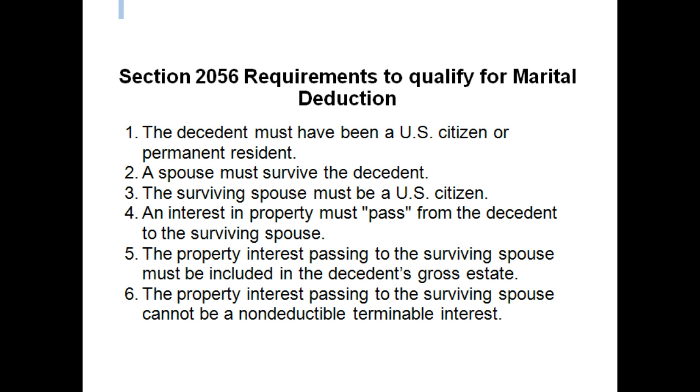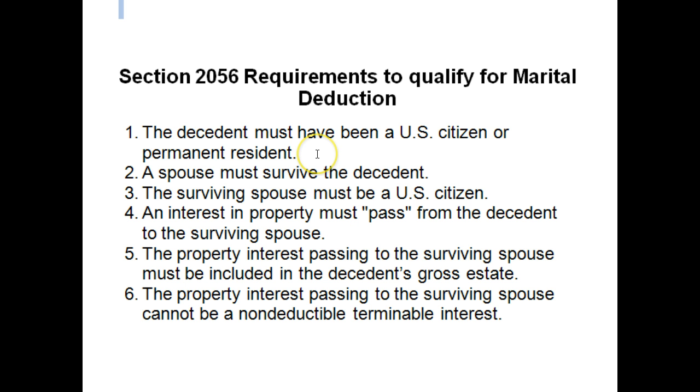So, qualifying for marital deductions: in order to qualify for the estate tax marital deduction relating to transfers to the spouse, Section 2056 requires that the following conditions be satisfied, and it's these 6 conditions. Condition 1, the decedent must have been a U.S. citizen or permanent resident.